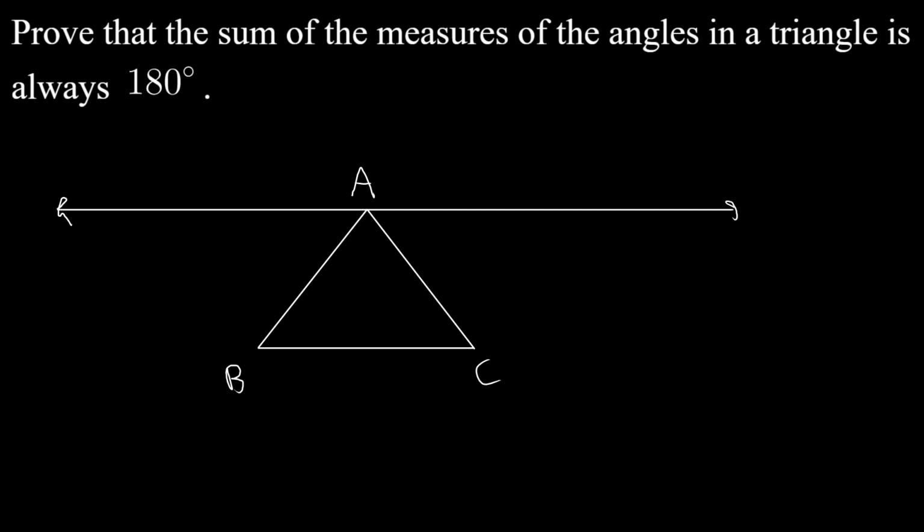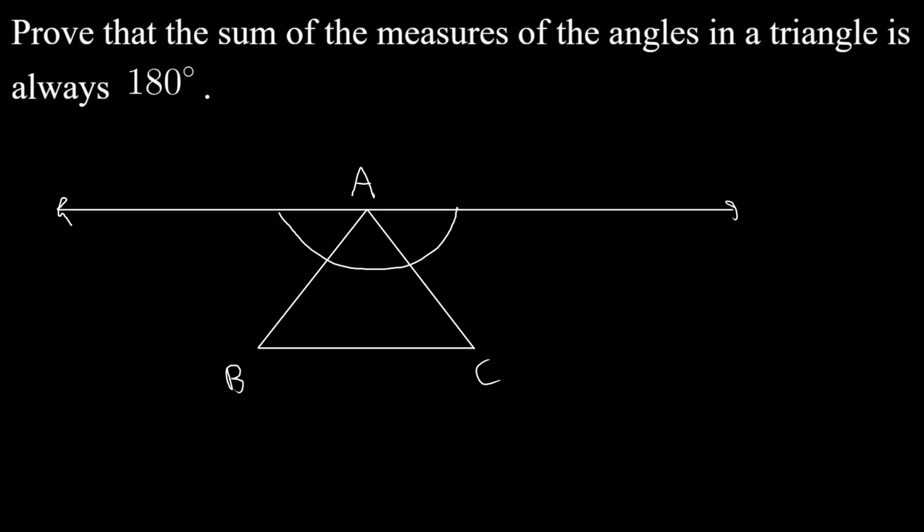What was so important about the parallel line in the last problem? The important thing was that we used alternate interior angles to show that certain sets of angles were equal, and that the three angles on the top part all equaled 180, and using that we showed that the angles at B and C would also be equal to 180 degrees.